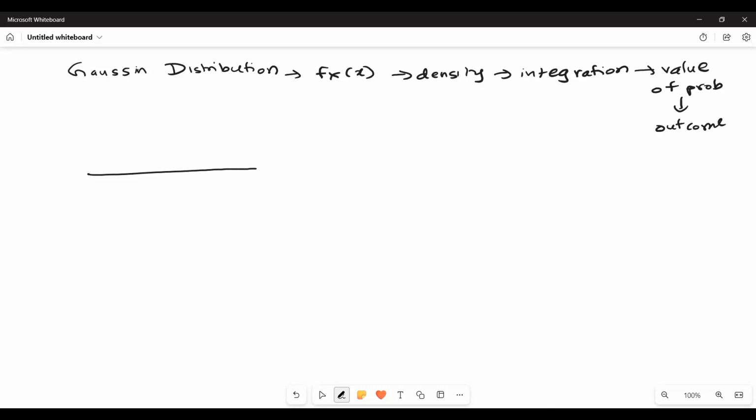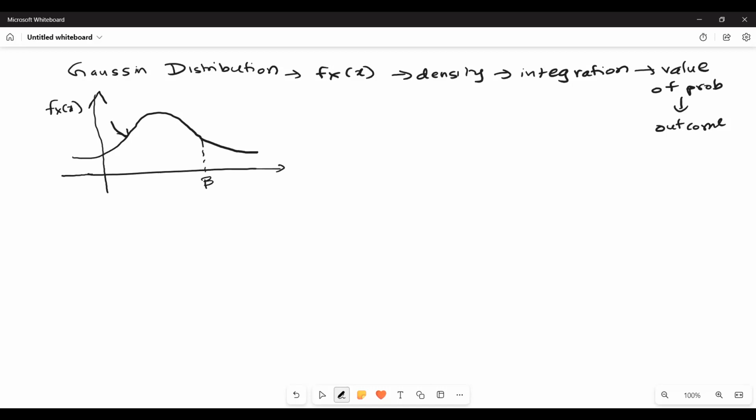So in mathematics, now if I take the probability density function and draw it like this, let's assume this is the Gaussian distribution function, and we want to find the value of the integration between certain points.